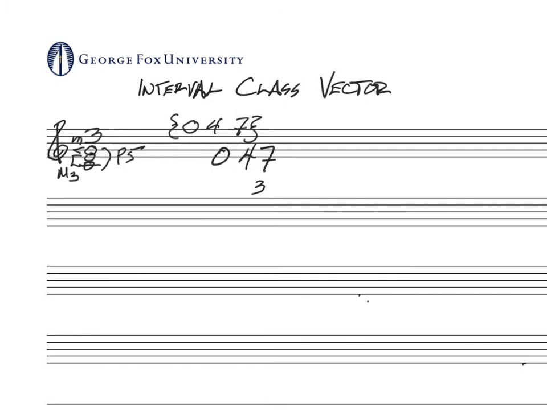That's interval class 3, the minor third. And then we have one of interval class 4. That's this one here, the major third. And then one of interval class 5, since the perfect fifth is the same interval class as the perfect fourth. So we have those 3 intervals represented.